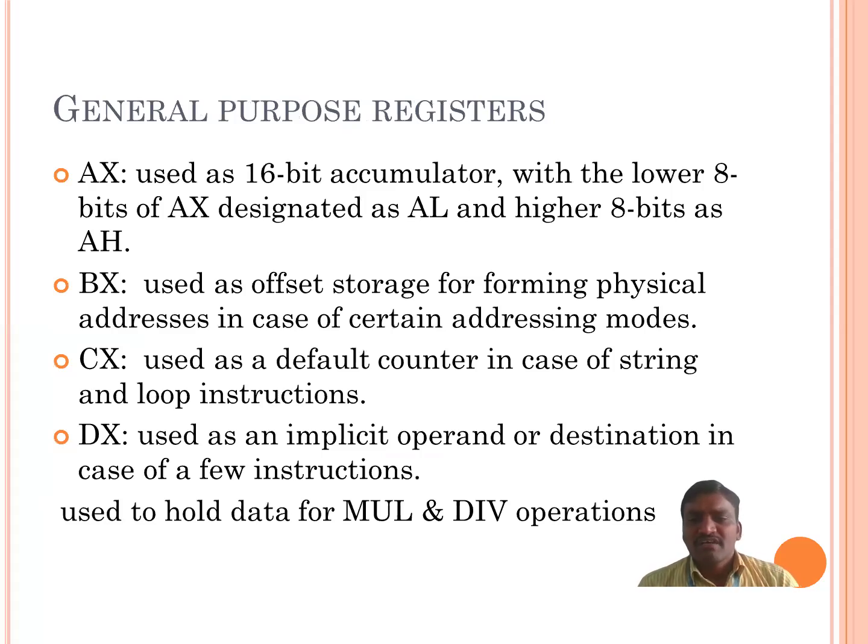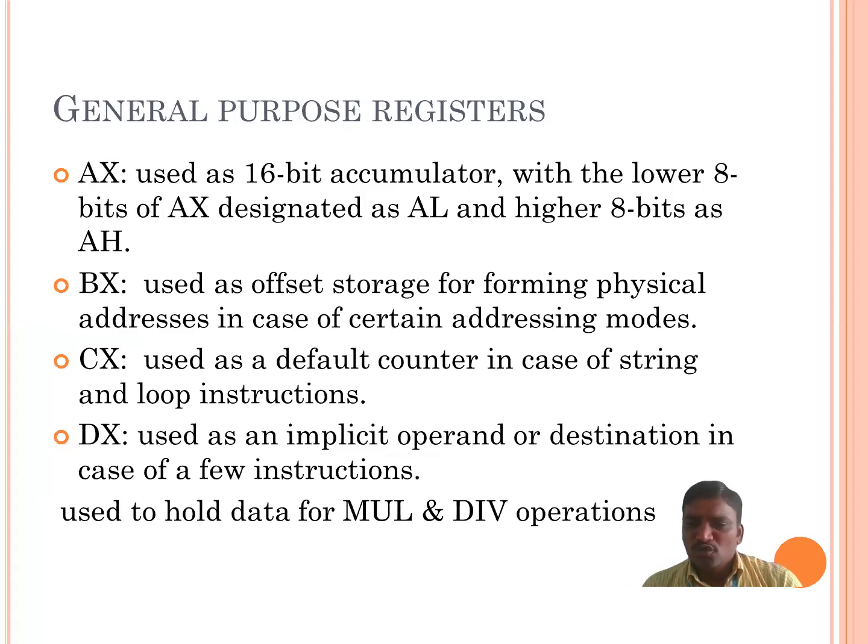And the second functioning of the AX register is that it is used to store the result after performing an ALU operation. Okay. It is used to store the result. So these are the two functionings of the AX register. Once again, I am telling, AX is a 16-bit register.